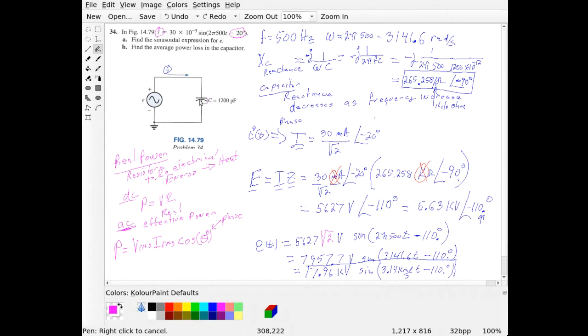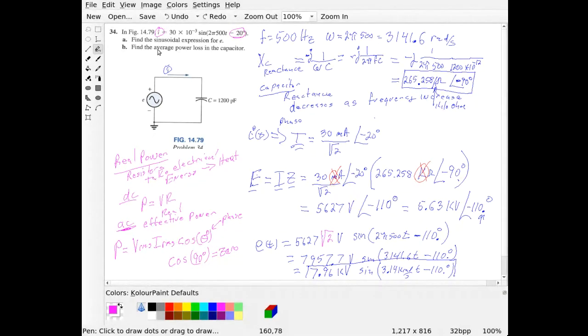And inside a capacitor, that angle is 90 degrees. If you take the cosine of 90 degrees, you're going to find out that that is 0. The cosine of 90 degrees is 0. So in that case, we don't even need to know what VRMS or IRMS are.